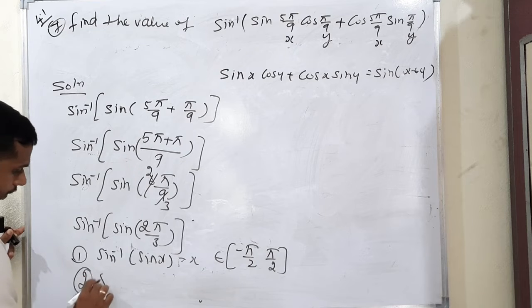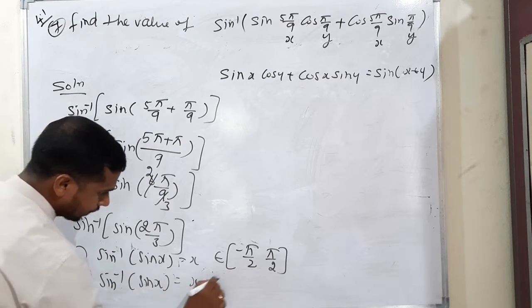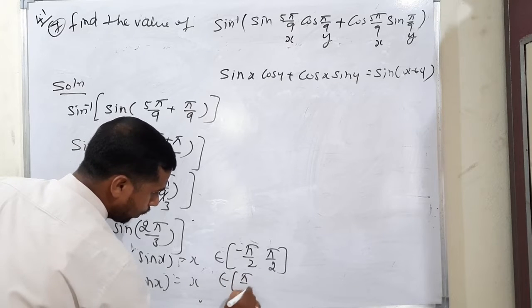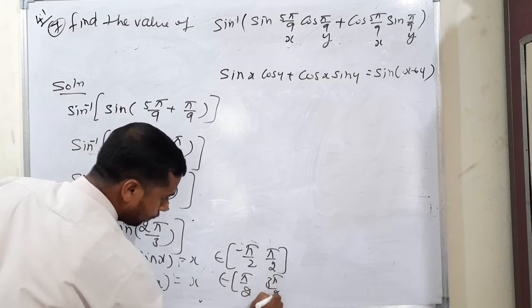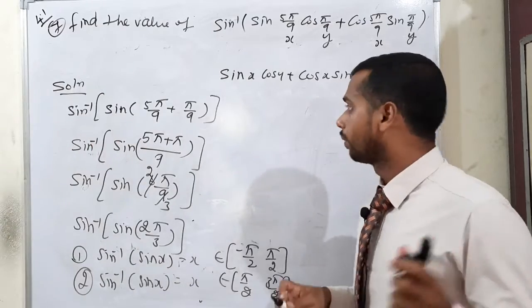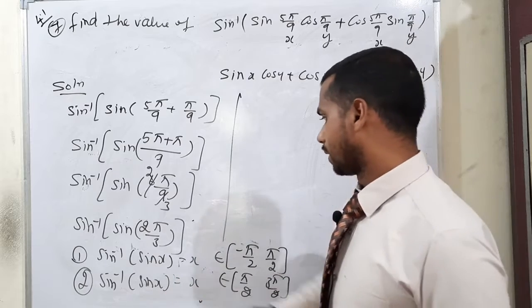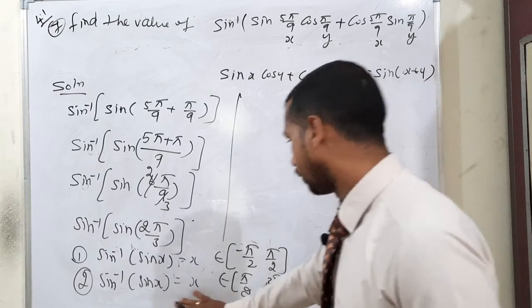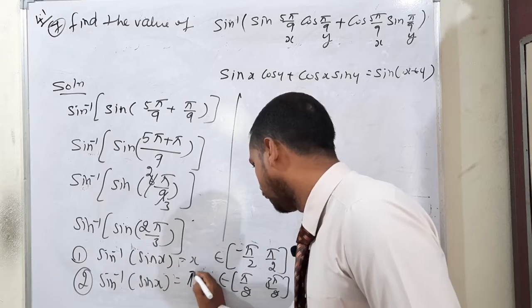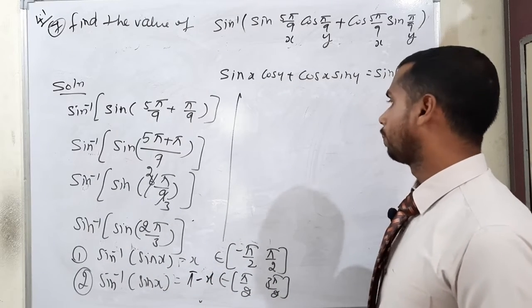Second case: sine inverse of sin x is equal to pi minus x when x belongs to pi by 2 to 3 pi by 2. So I will do the two methods; you can prefer whichever is easy for you.